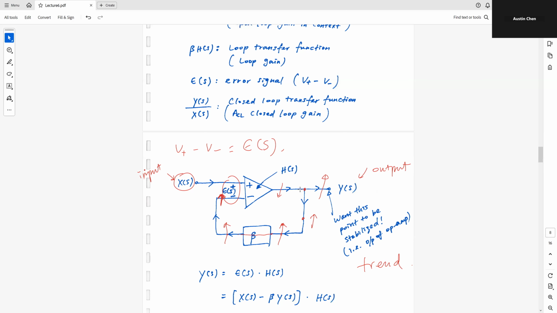So by using negative feedback, I can help stabilize this point. This guy goes up at the beginning, and after it goes around the loop, because of this negative feedback mechanism, the same node is pulled back down, such that you can stabilize your output voltage.